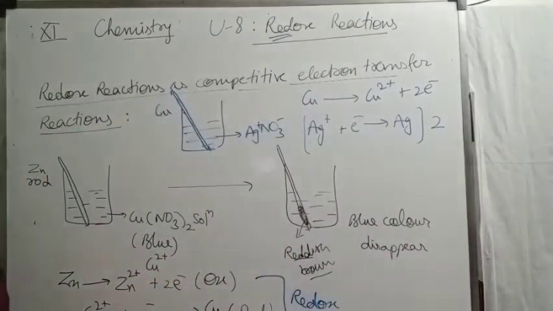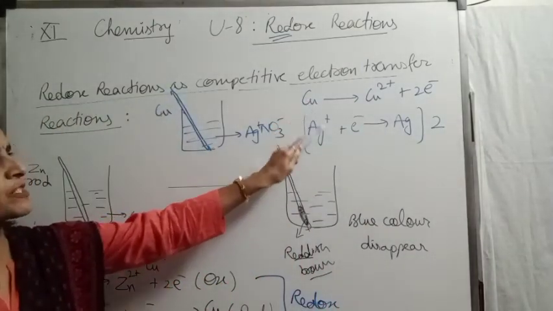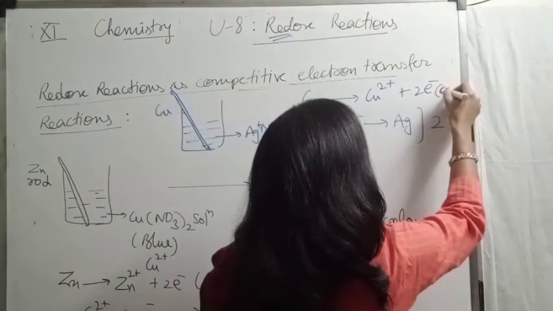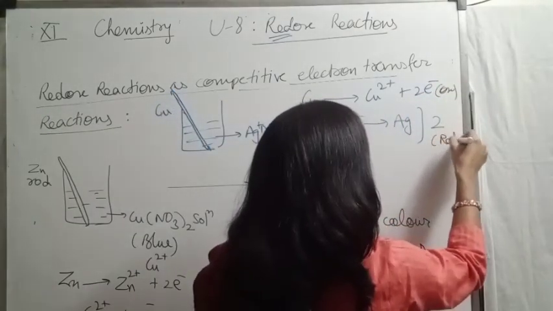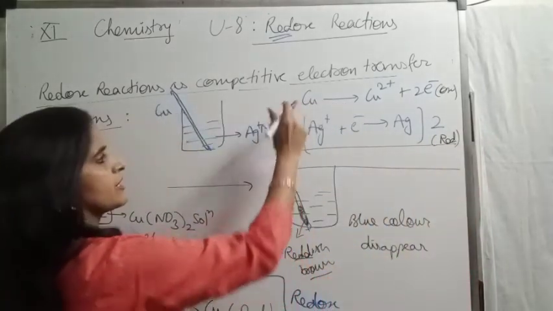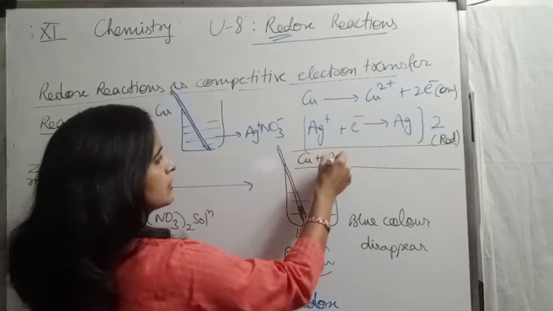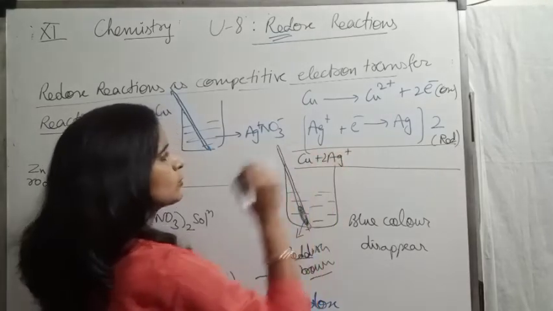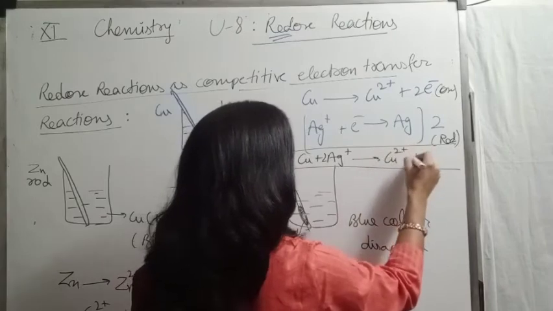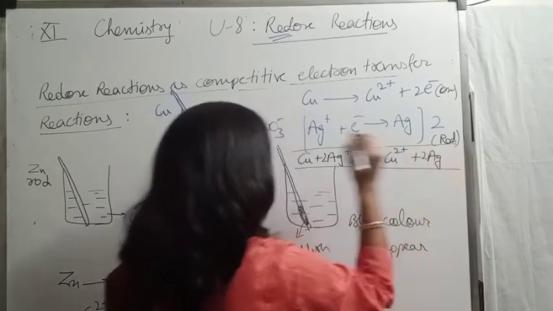So now this is a case of oxidation and this is a case of reduction. Oxidation, reduction. Overall, it's a redox reaction. Write the redox reaction: copper plus 2 moles of silver ions gives you cupric ions and metallic silver.